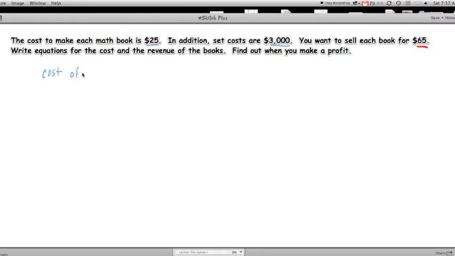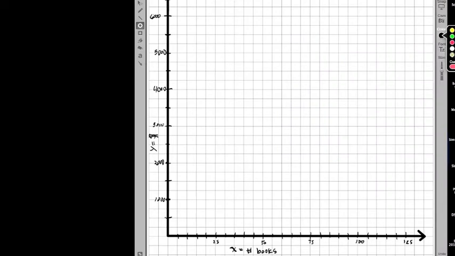So if we have our graph here, notice what I used as far as my scale. Down here for x, I let x equal the number of books, and I counted by fives just because I knew I wanted to go at least to 100. And then if you look at the y-axis, I have the y-axis in money. Now I don't have two separate graphs because I want to compare the graphs to each other.